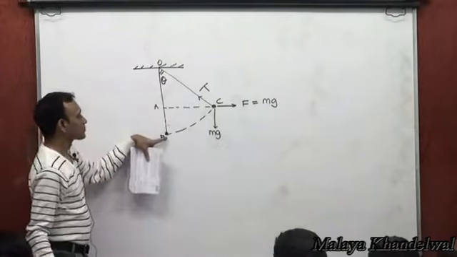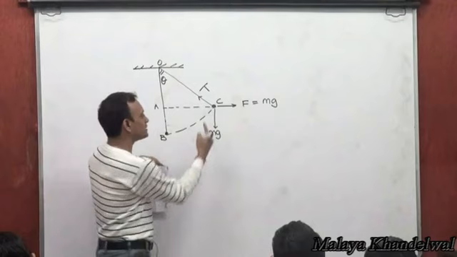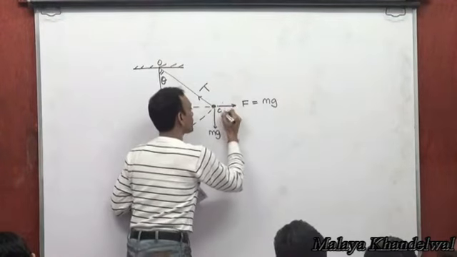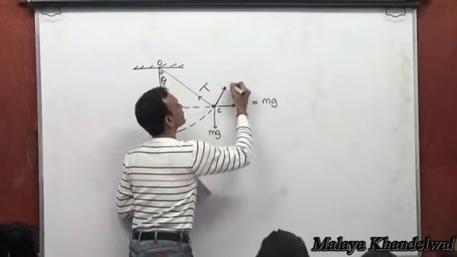So the mass goes from B to C under the influence of all these forces, right? By the time it reaches this point C, let's say it develops a tangential velocity V.